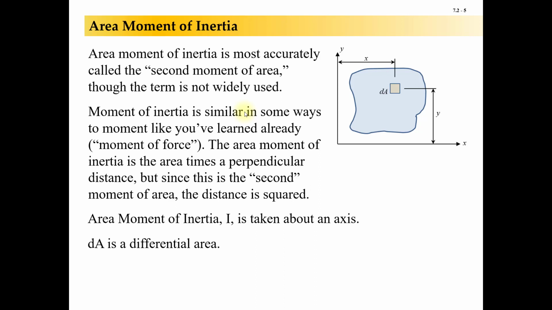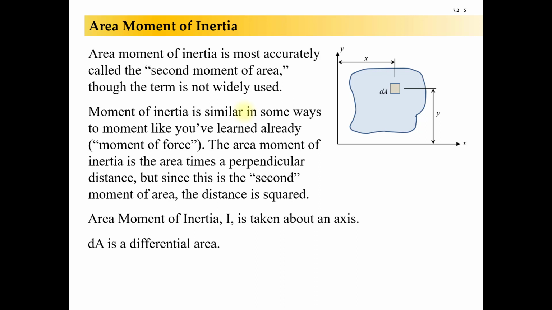So the second moment of area, if you guessed it, you actually multiply it by that perpendicular distance twice. So moment of inertia is going to be that perpendicular distance from the axis you're calculating the moment of inertia about.